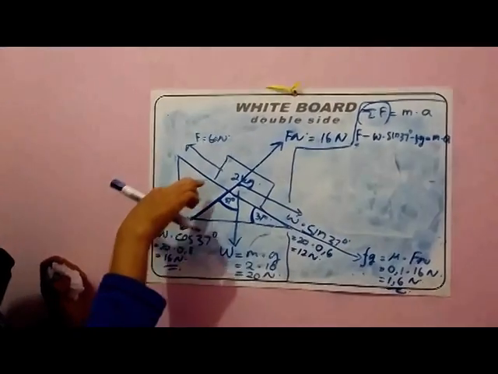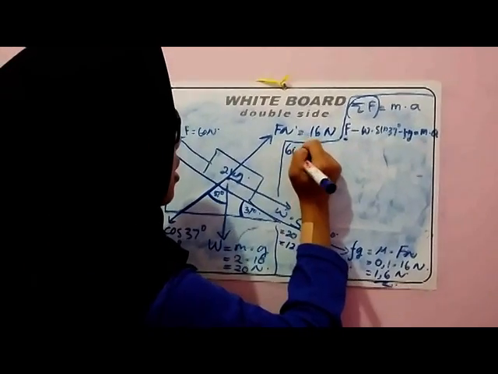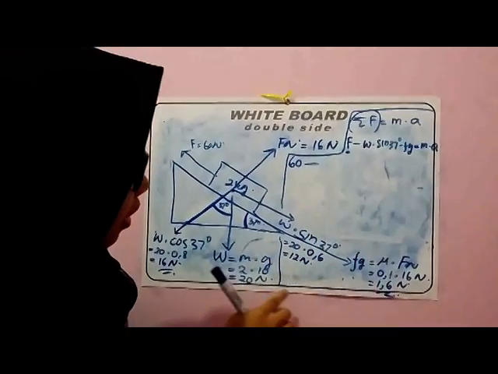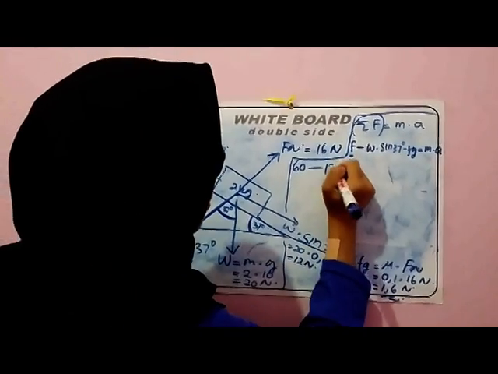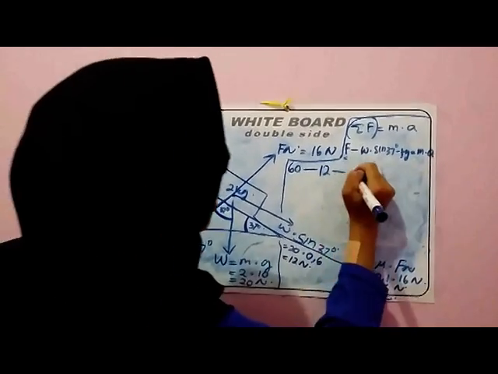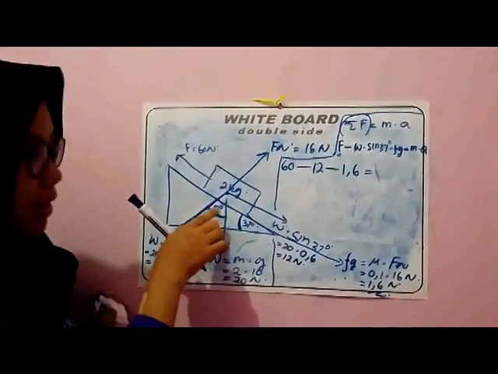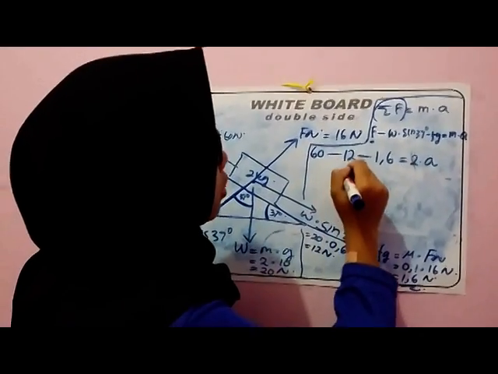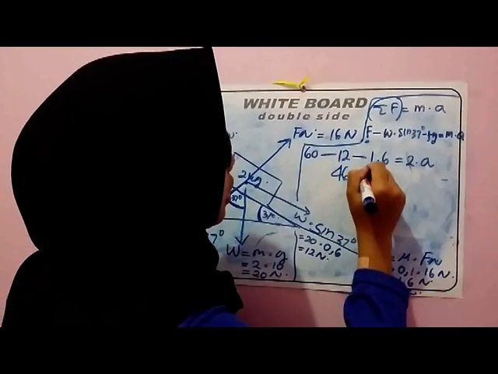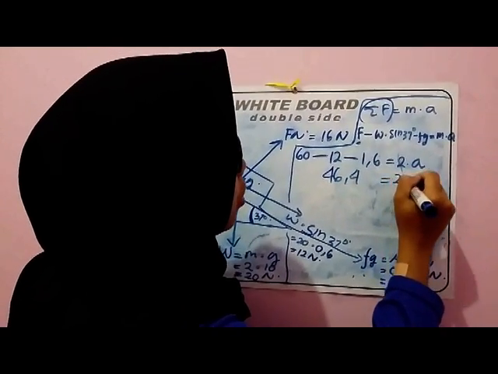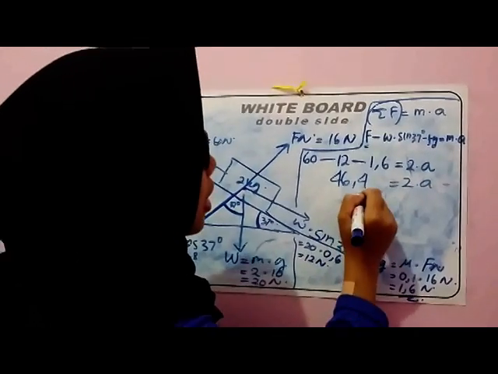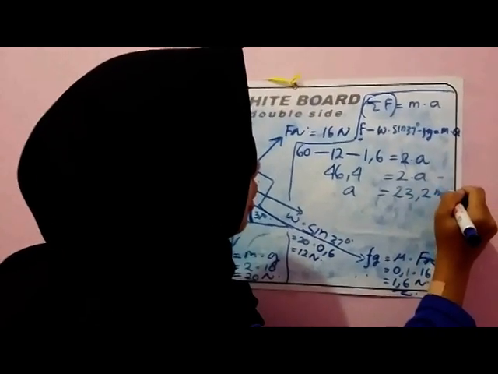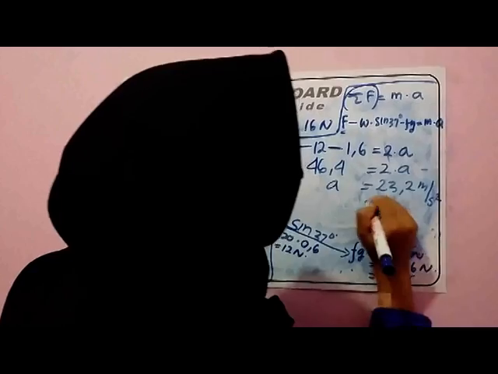The force to pull this box is 60 N minus W times sin 37 degrees, which is 12, minus the friction 1.6, and the mass is 2 kilograms times acceleration. This equals 46.4 is equal to 2 times acceleration, and the acceleration is 23.2 meter per second squared.